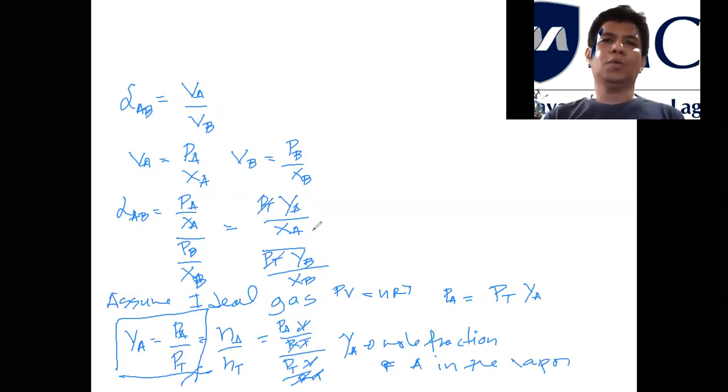And what we have here is the classic distillation equation: alpha AB is equal to Y sub A over X sub A divided by Y sub B over X sub B.